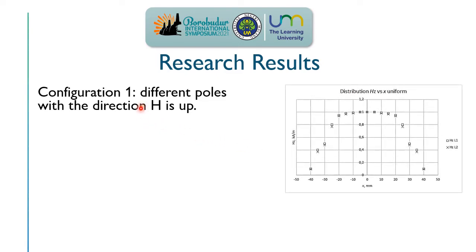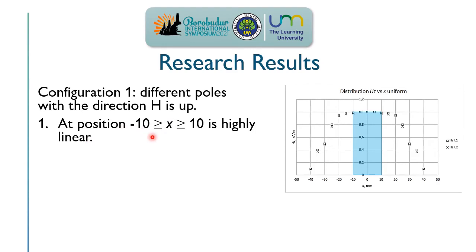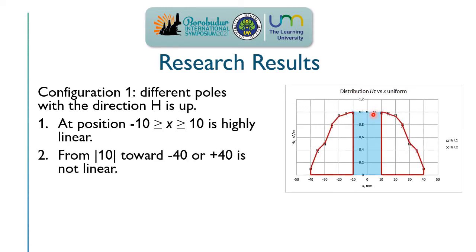Configuration 1, different poles with the direction of H up. Between -10 and +10 it is highly linear. This is linear. From 10 to -40, and to positive 40, it is not linear.